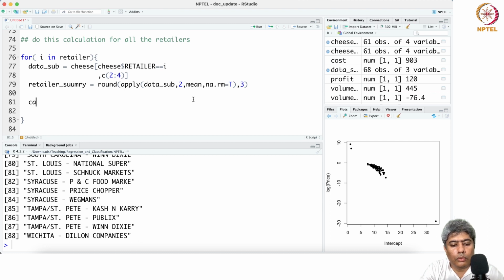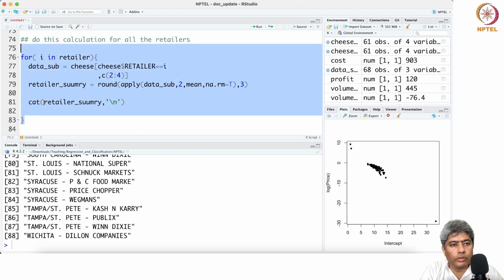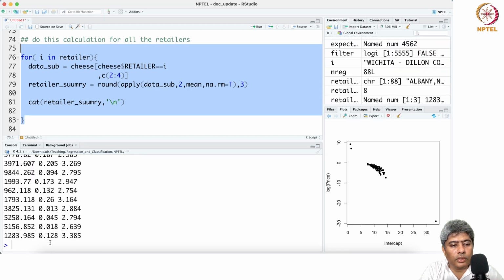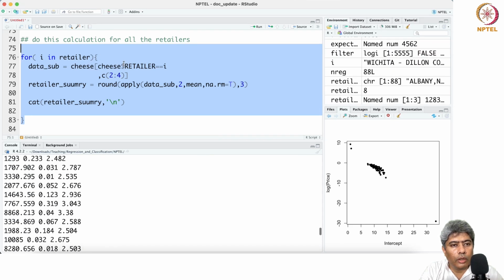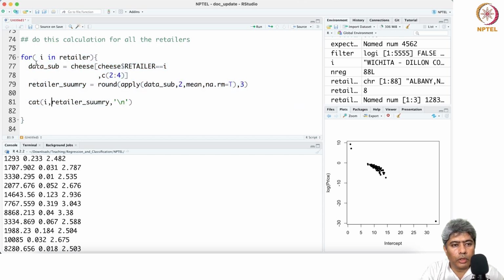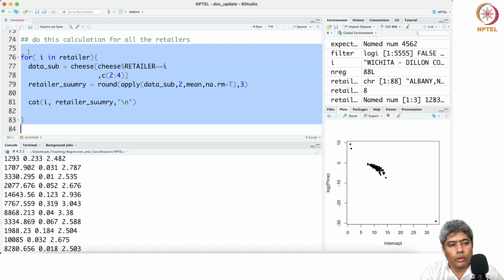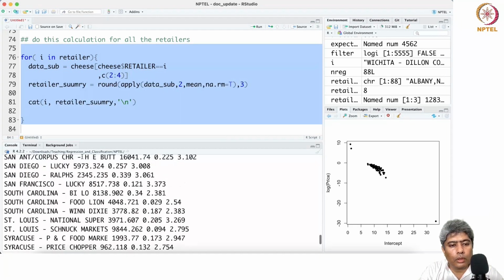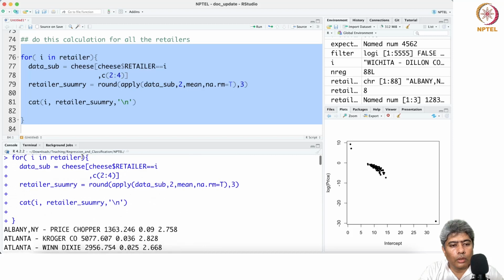So retailer summary, and let me just run this part. Let me see if this is coming properly. All right, I comma, yeah, so it is.